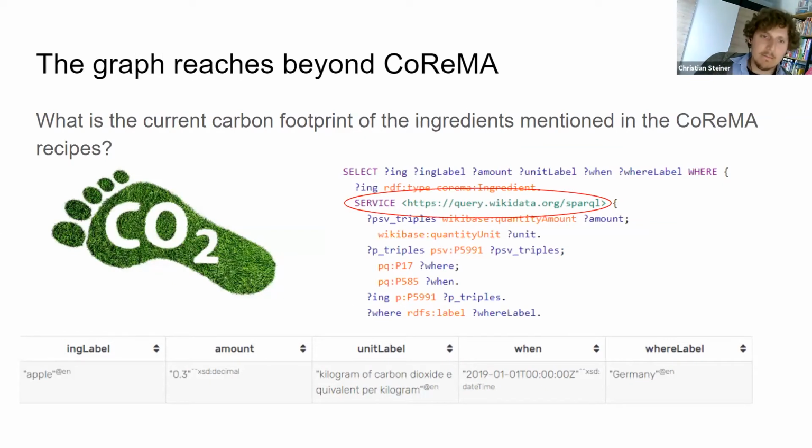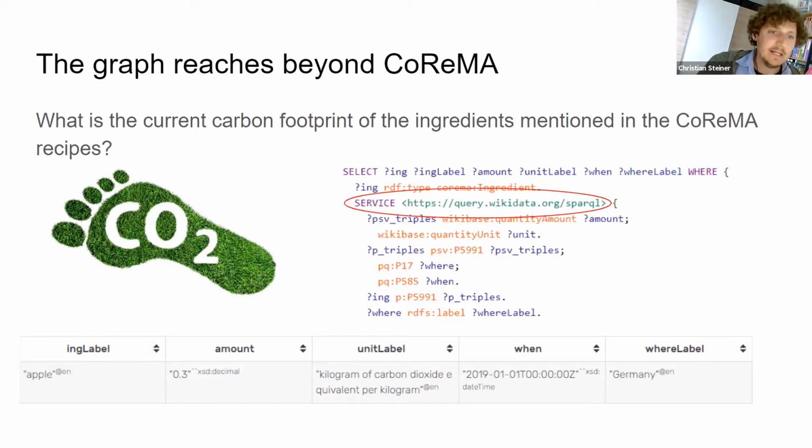But for me, the most important part of why we are using linked open data, why we are using RDF and the triple store instead of, let's say, a relational database or just XML and not beyond that, is because the graph reaches beyond CoReMA. And not because we added some information from other databases.